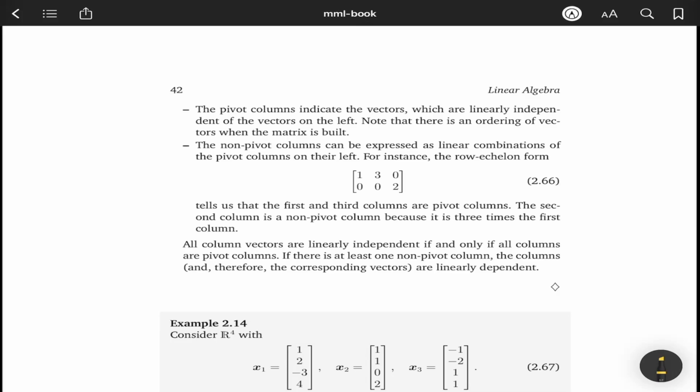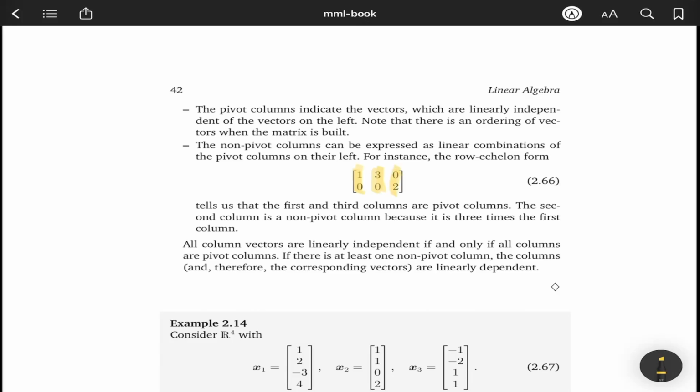The non-pivot columns can be expressed as linear combinations of the pivot columns to the left. For example, in this version, you can say, okay, this one is linearly independent, but that one is not, because it is basically a scaled up version.